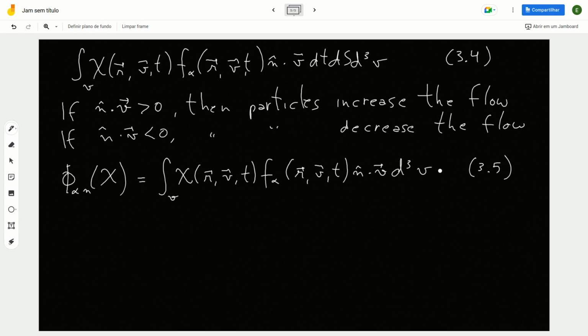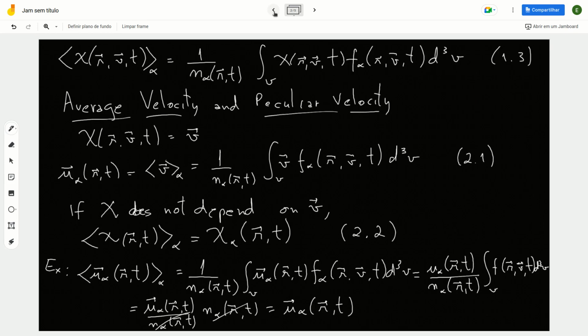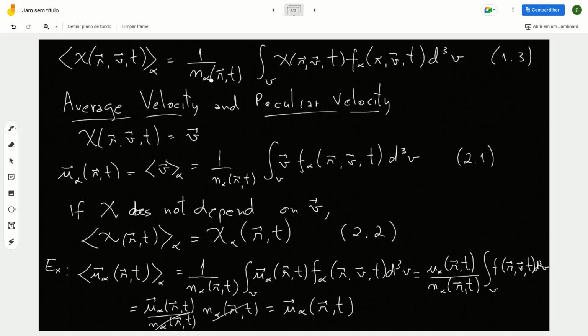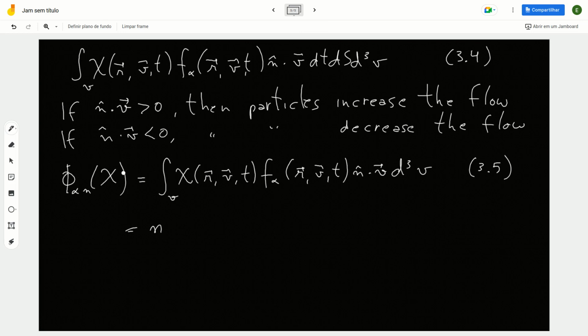Okay, by 1.3 you can write it like this. 1.3 is here, right? Okay, so I have this quantity here, so I'll multiply it by this, and then I end up with n alpha chi times n v.